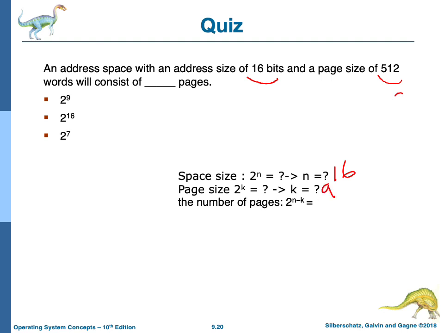So 2 to 9 equals 512. And then the question asks about how many pages. So the number of pages is 2 to n minus k, which means 2 to 16 minus 9, which is 2 to 7 total pages.